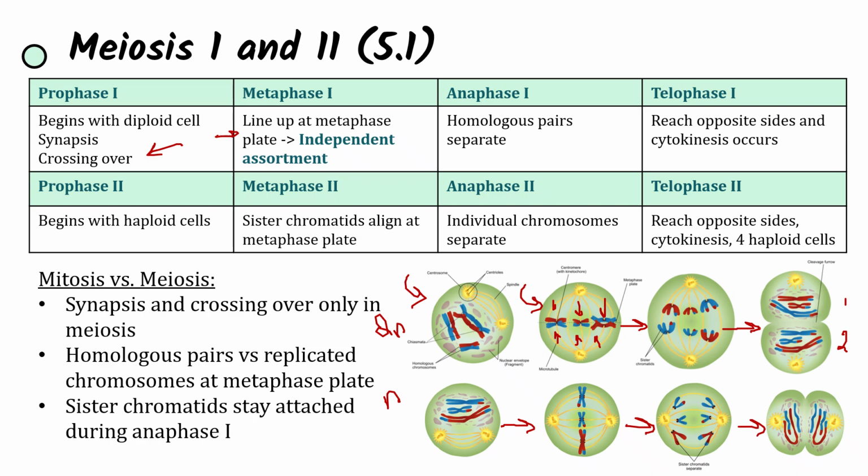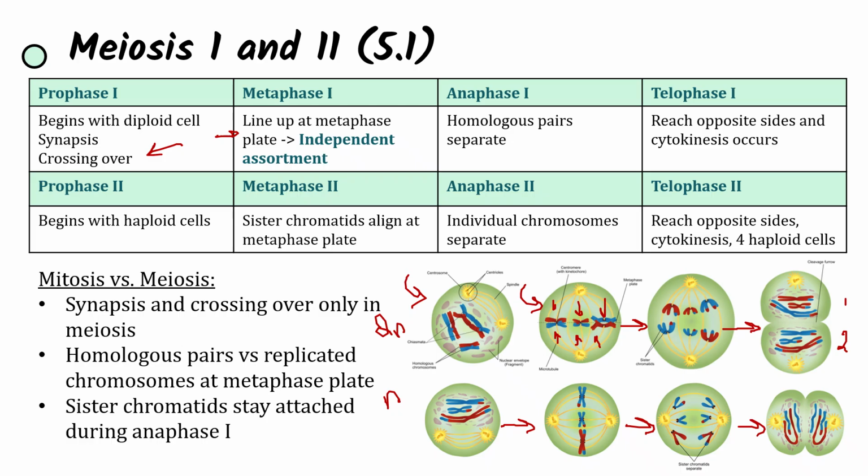Now, comparing meiosis and mitosis, we only have synapsis and crossing over in meiosis, because in mitosis we're not trying to create genetic variation. Cells are replicating exactly. There's no genetic difference between cells. Additionally, we don't go through 2 phases of division.